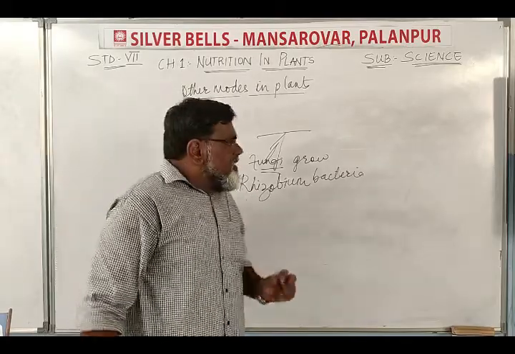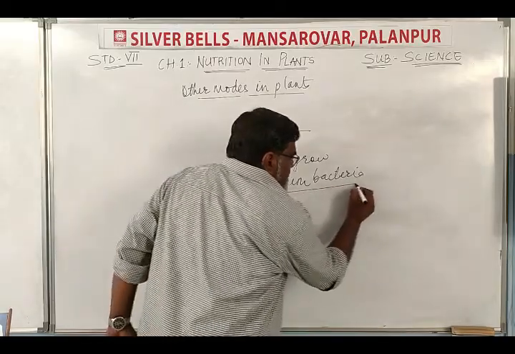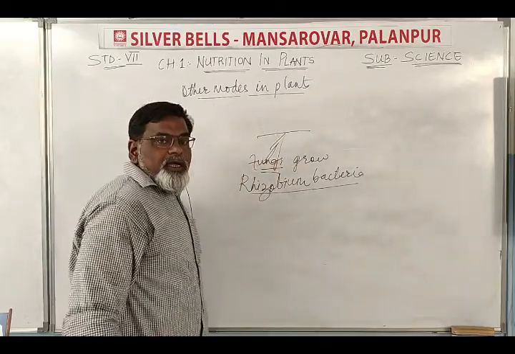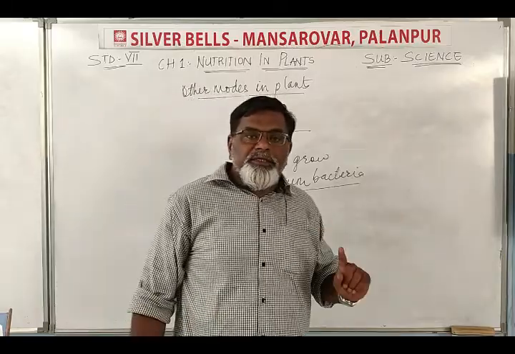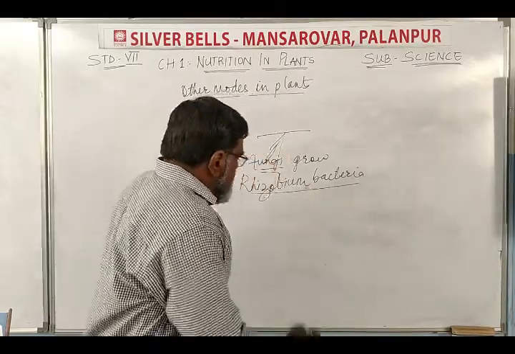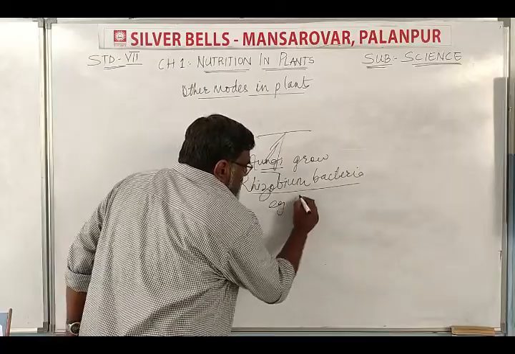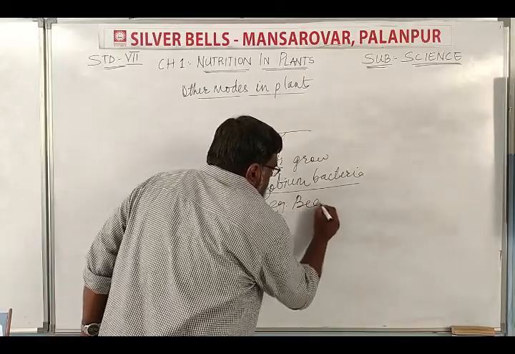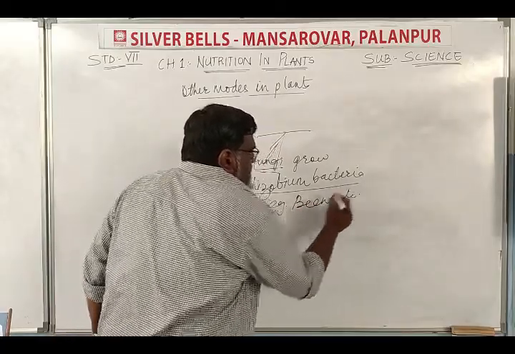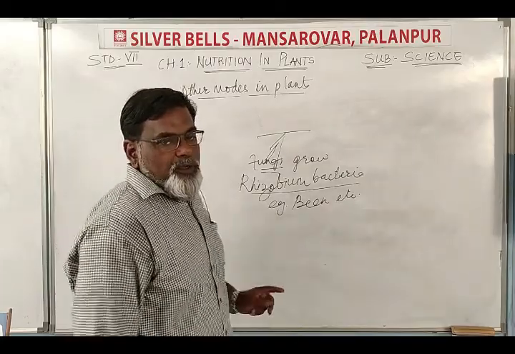Clear? So Rhizobium bacteria, they grow under the root of leguminous plants. Their example is bean and etc. Clear? Okay.